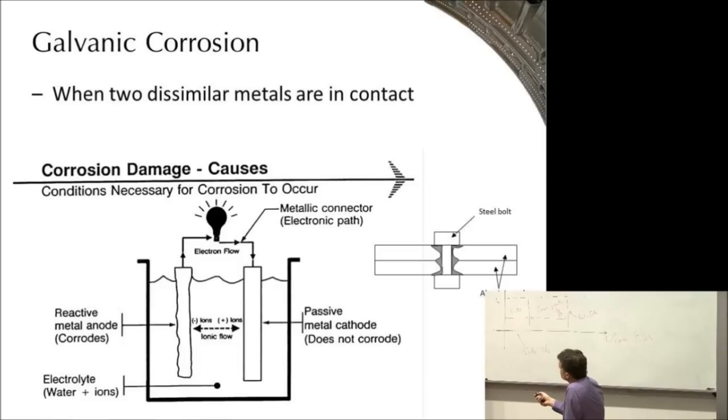If we stick a steel bolt in an aluminium plate, you've got the perfect conditions for this to occur, because if any moisture gets in here, you've got a nice electrolyte, you've got an electron flow path because these two materials are in electrical contact, and there's two dissimilar metals, and one of them will start corroding. So the anode will start corroding. So we have to avoid dissimilar metals in our airframes as much as possible.